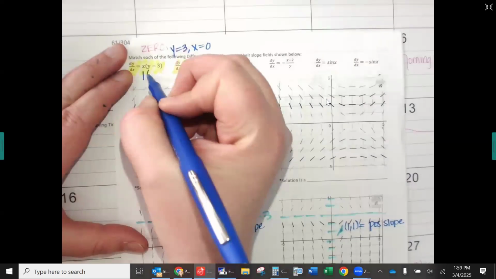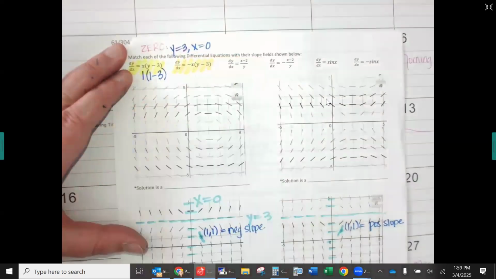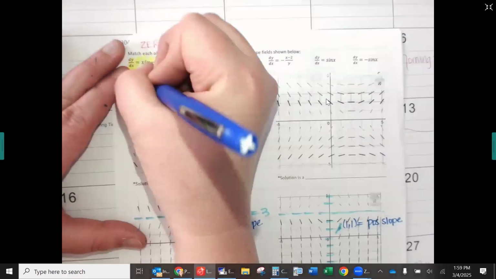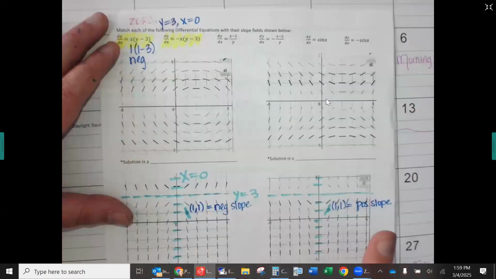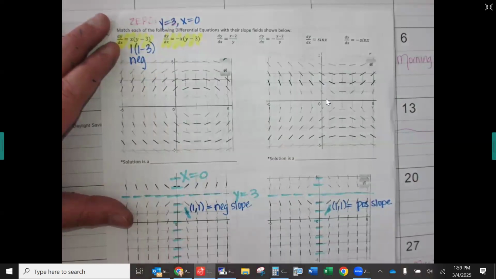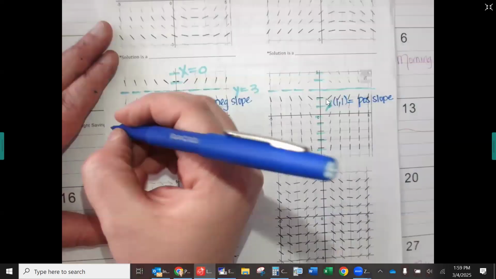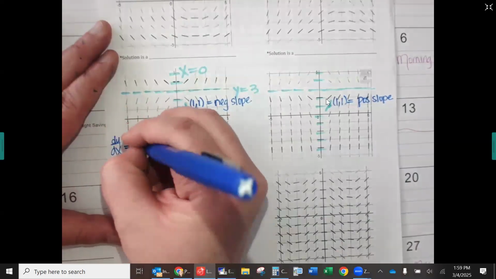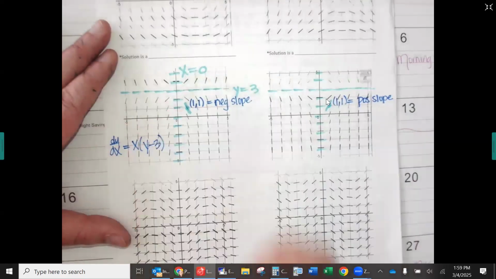Okay, so take a look at the first differential equation. It was x times y minus 3. I would do 1 times 1 minus 3. How is that going to come out? Negative. Then this one has to be a match for this graph. Does that make sense? So put dy/dx equals x times y minus 3.